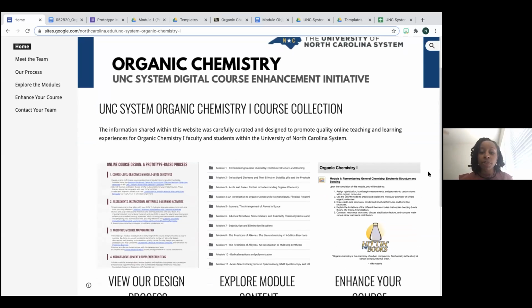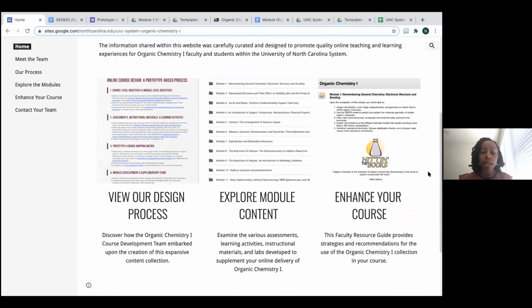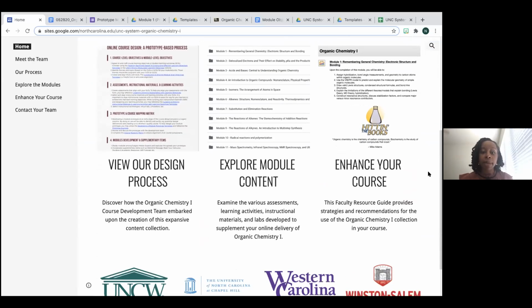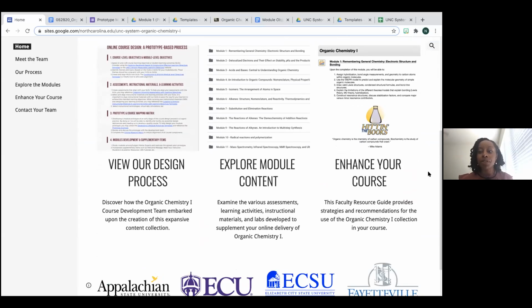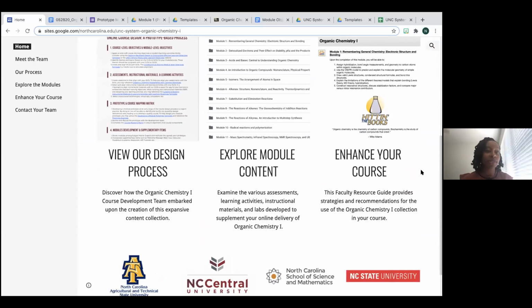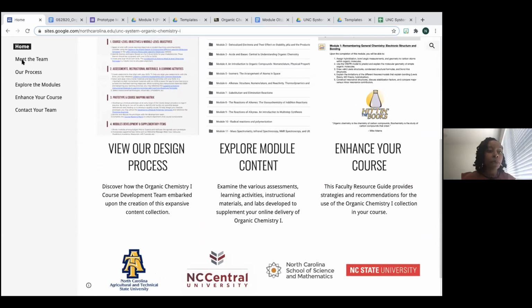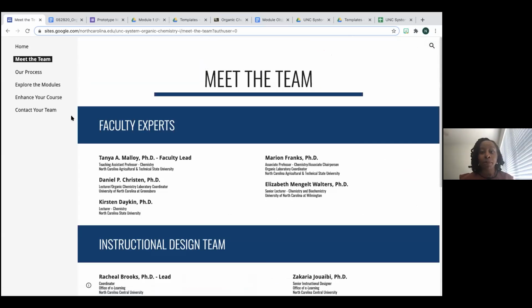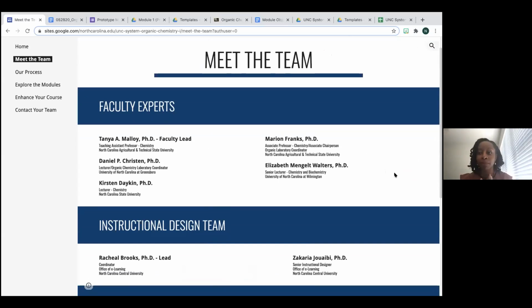So here you will see an overview of the contents of the page, our design process, the module content, as well as how you can enhance your course. I would like to highlight, first and foremost, our amazing team. We have had a wonderful opportunity when you're working with a group of persons in 5 weeks to develop a massive amount of content.